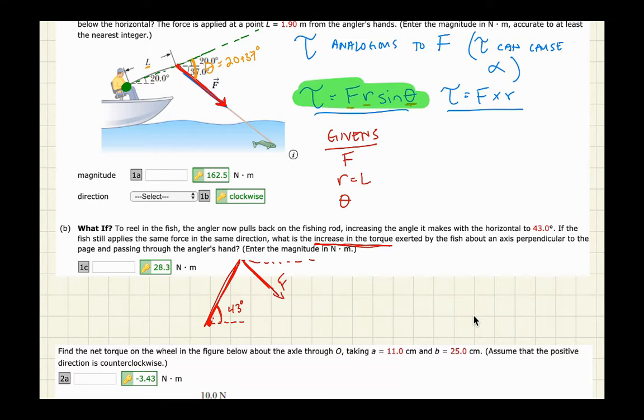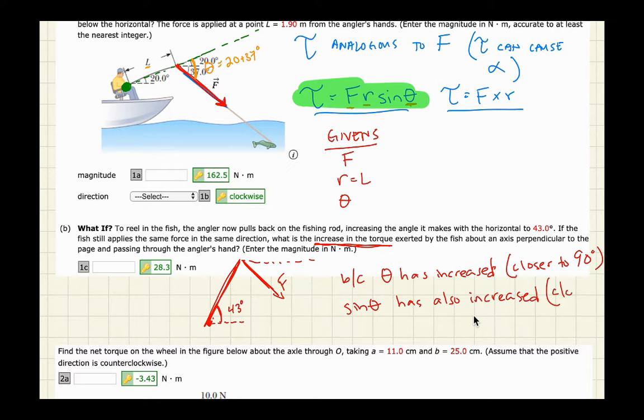And for that reason, because theta has increased closer to 90, sine theta has also increased. Now it's closer to 1. Therefore, the torque has increased. Now, to actually find that increase, you just plug the numbers back into the equation and solve for it again.